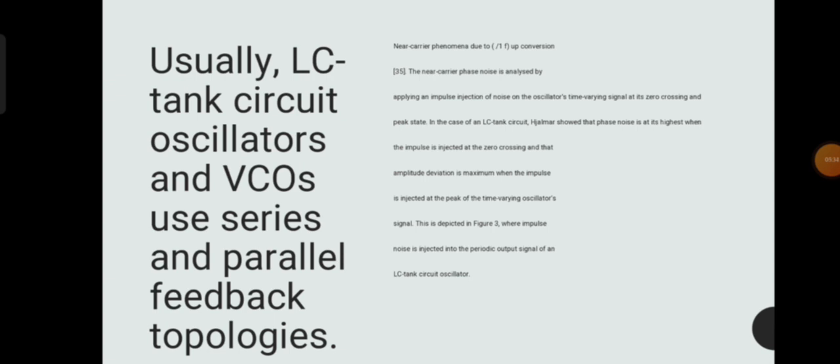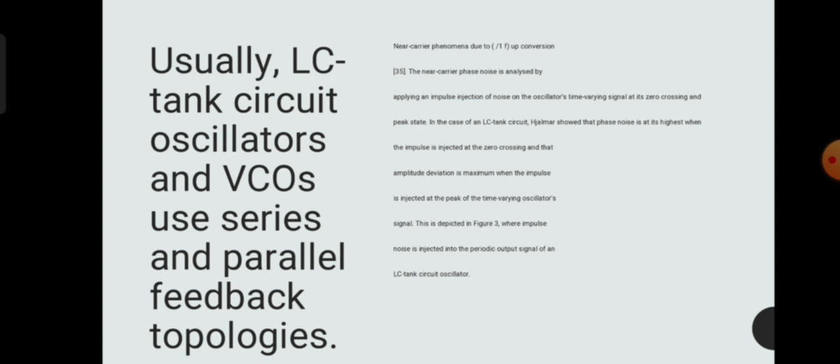Near carrier phenomena due to up conversion. The near carrier phase noise is analyzed by applying an impulse injection of noise on the oscillators, with time varying signals, its zero crossing and peak status.